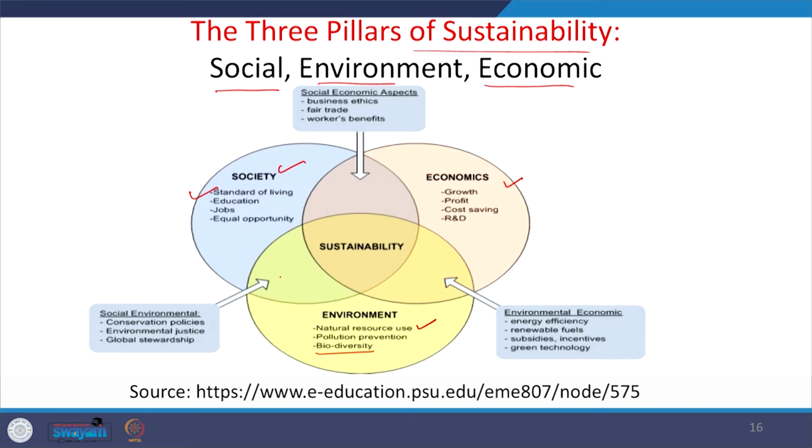And the intersection point, let us say the point of societal sustainability and environmental sustainability. What are we talking about here? We are talking about the policies that we frame so that societal sustainability and environmental sustainability can be possible, like the conservation policies.